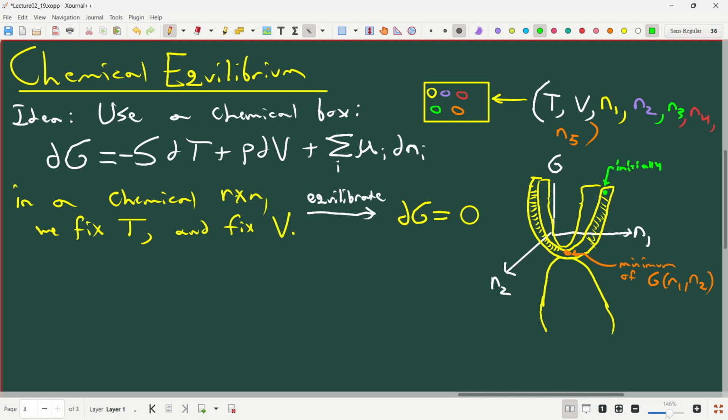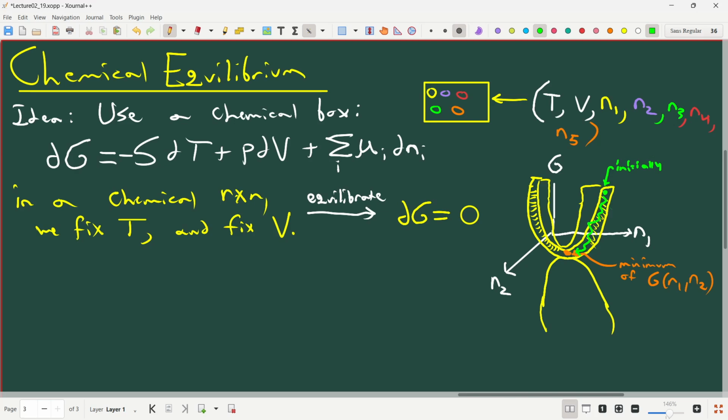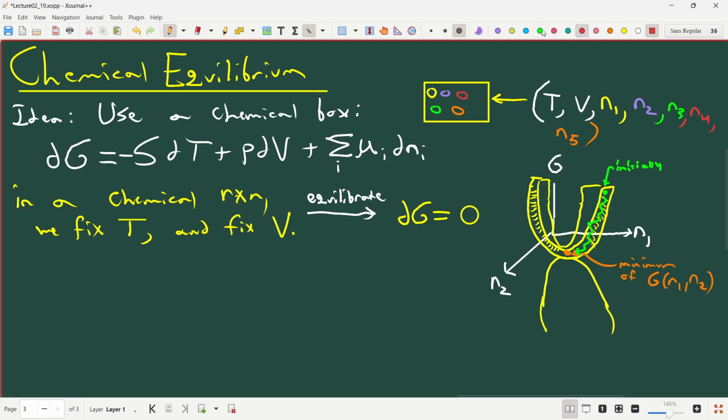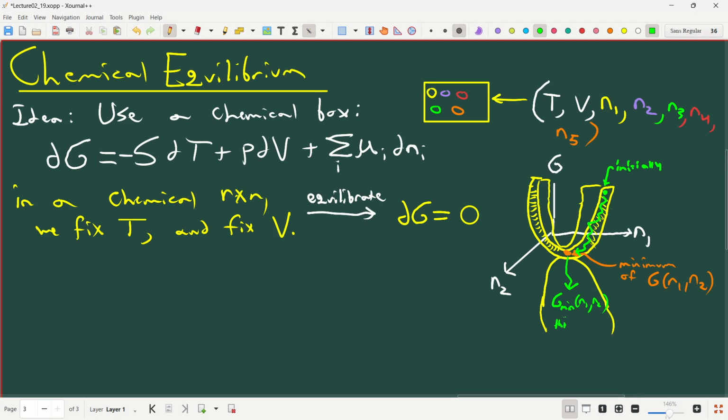The system is going to traverse the surface and exchange N1 and N2 until we reach the minimum. There's some point here, we'll call it G min, of N1 and N2, that is the equilibrium point.